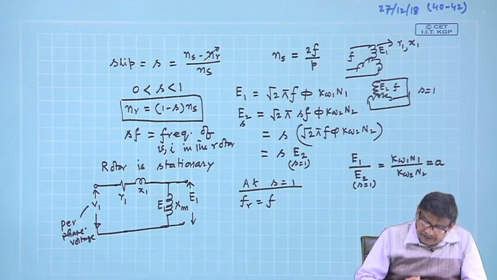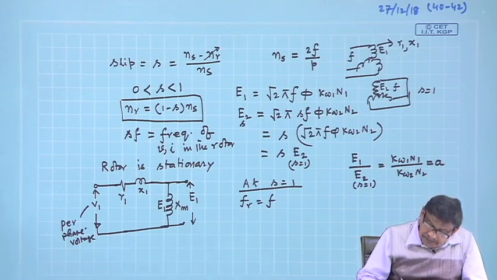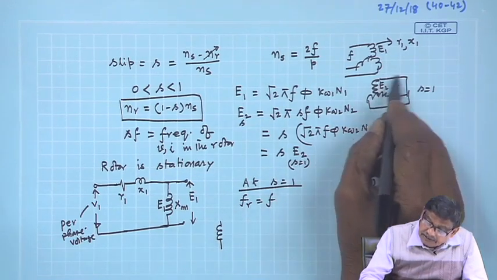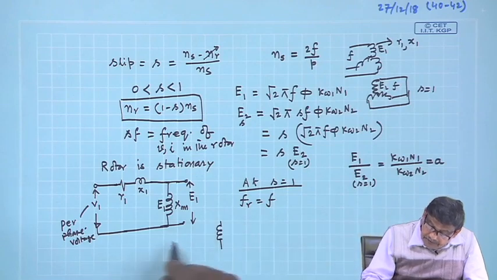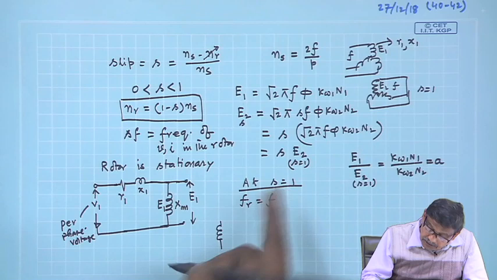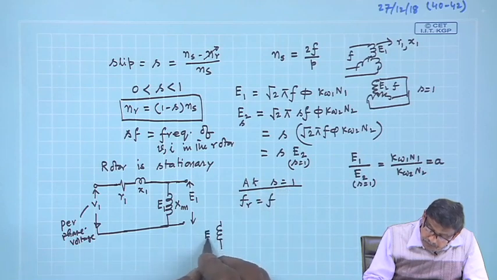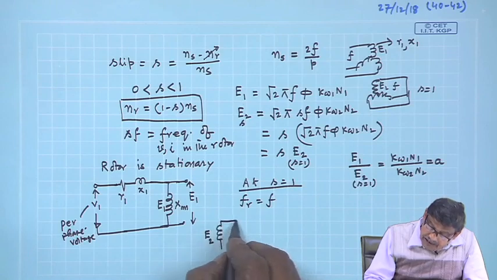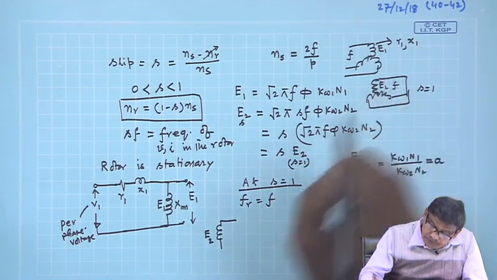and on the secondary side, this is the secondary coil, and the secondary circuit is closed. So, per phase the induced voltage at S equal to 1 will be E2 at S equal to 1, and the circuit is closed.